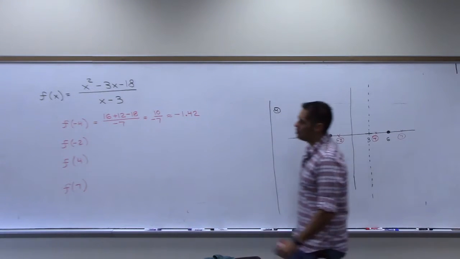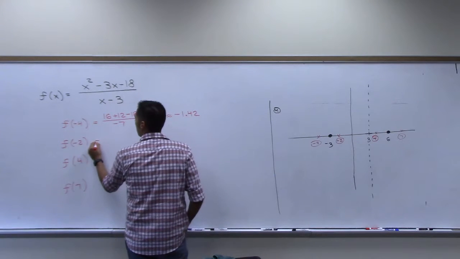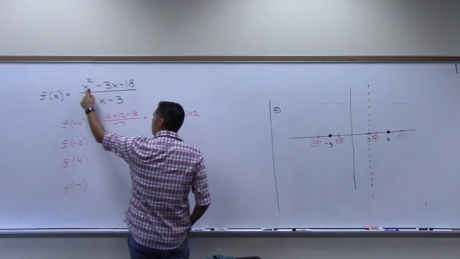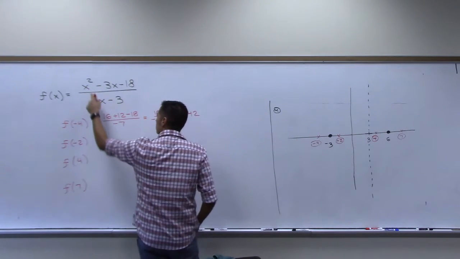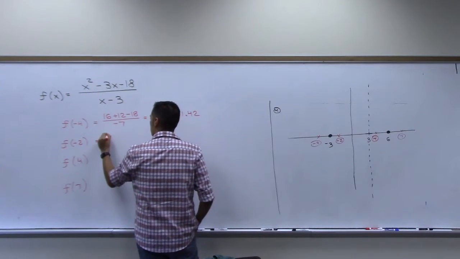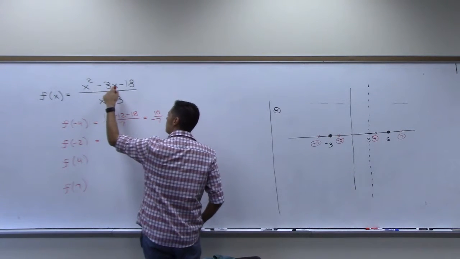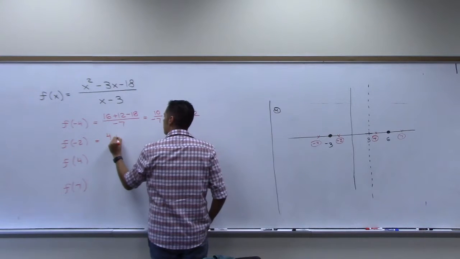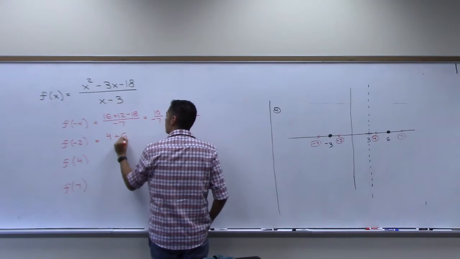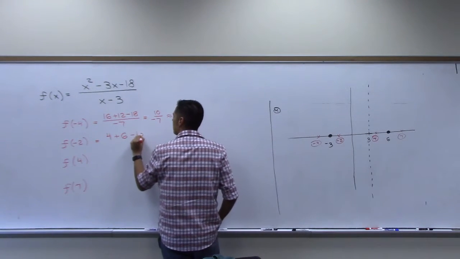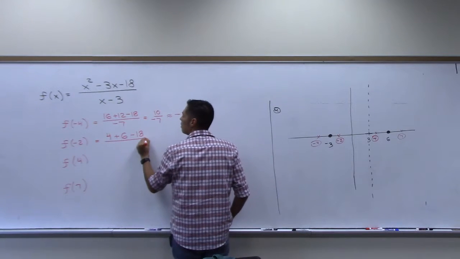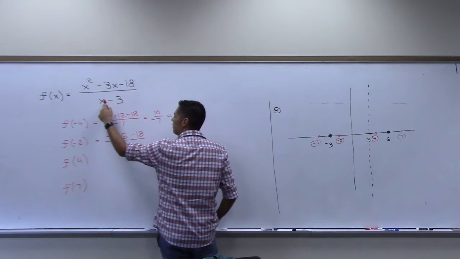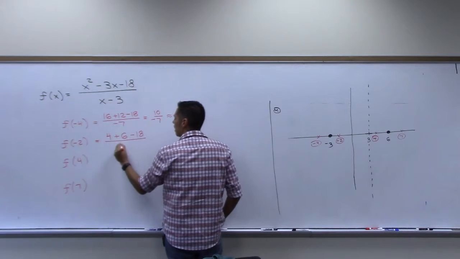Same thing for -2. -2 squared, 4. Okay, -3 times -2, positive 6, and then minus 18 over, careful here, -2 take away 3, -5.